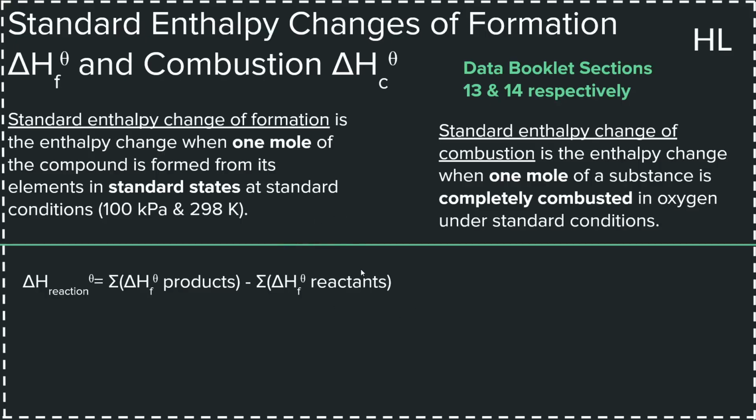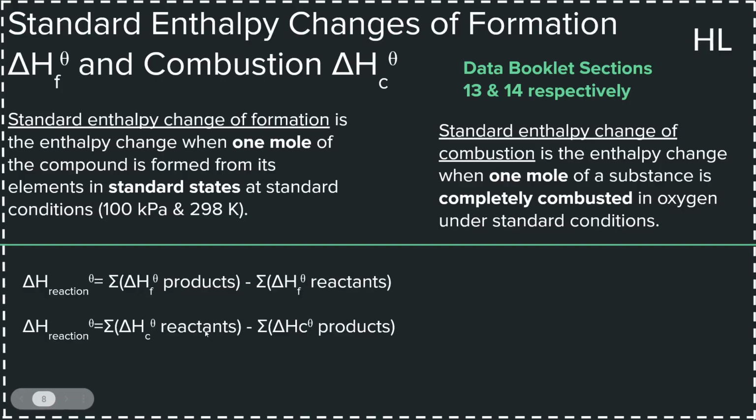Now notice how this is flipped from the bond enthalpy equation, right? So make sure you notice that. If it's combustion, it's going to be reactants minus products. If it's formation, it's products minus reactants.